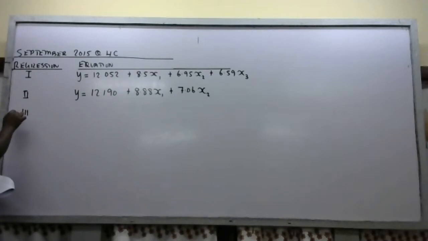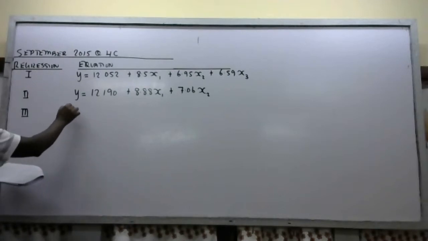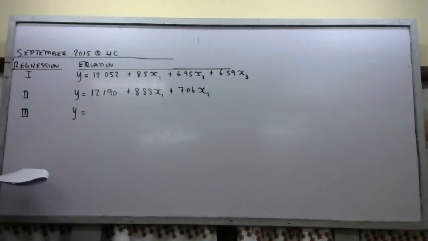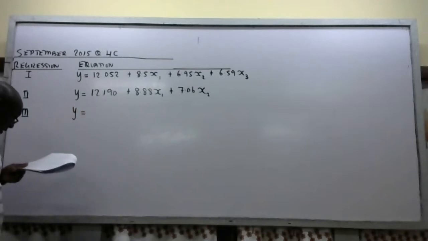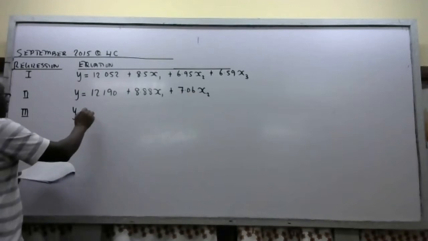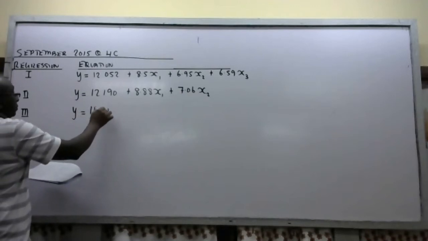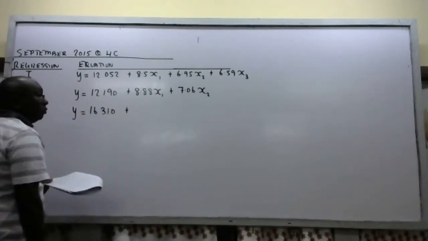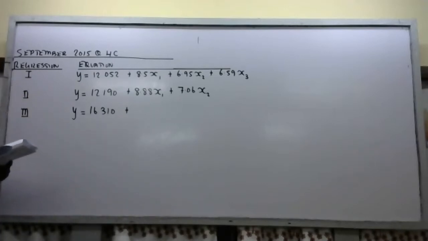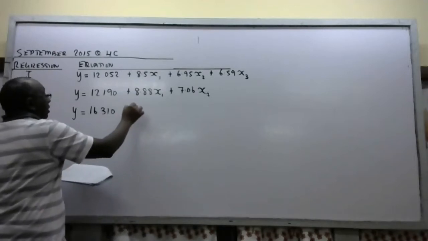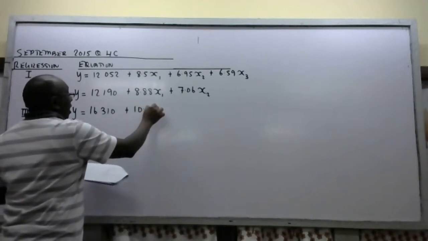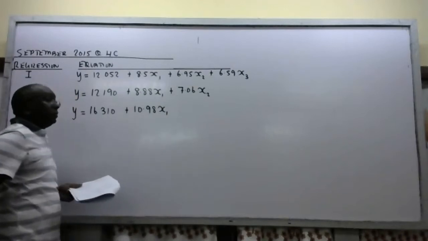And then equation 3, we will have y equals, the intercept is 16,310 plus 10.98 x1.